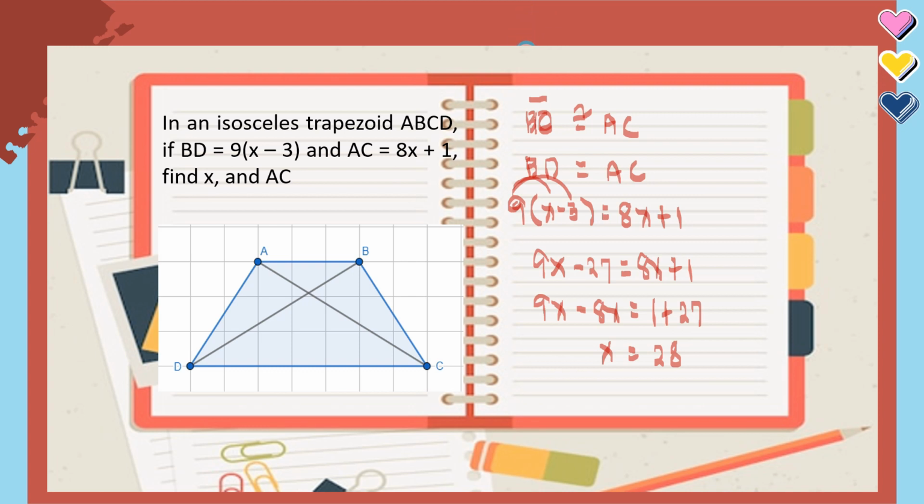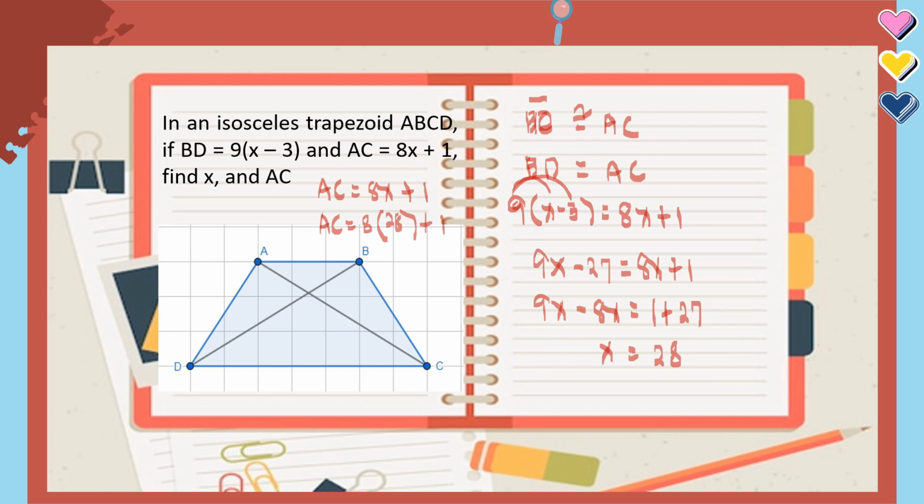Now if x is equal to 28, find AC. AC is equal to 8x plus 1. AC is equal to 8 times the value of x, which is 28, plus 1.